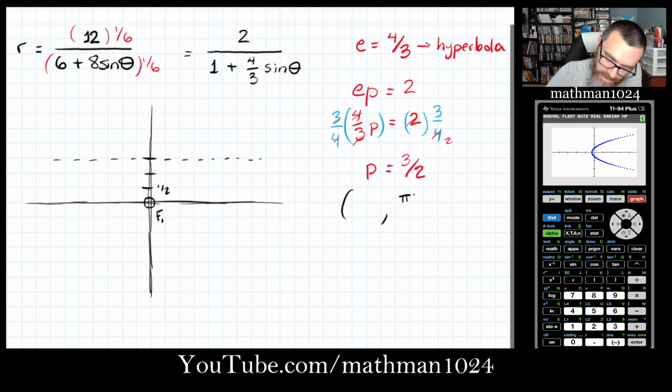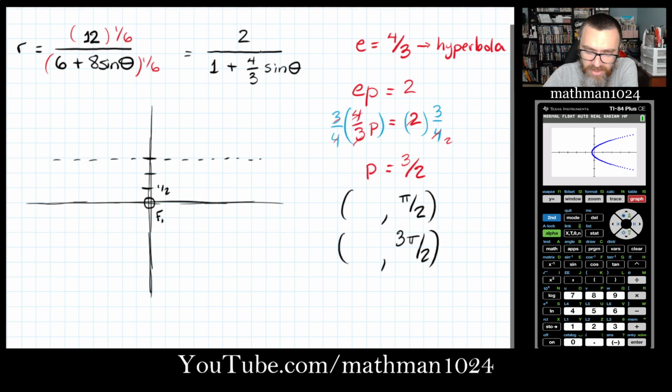If I plug in pi over 2 for theta and then 3 pi over 2, what happens? And because I've got the fraction stuff right here, maybe I don't plug it in that spot. I think it might do us better if I plug it in here at the original.